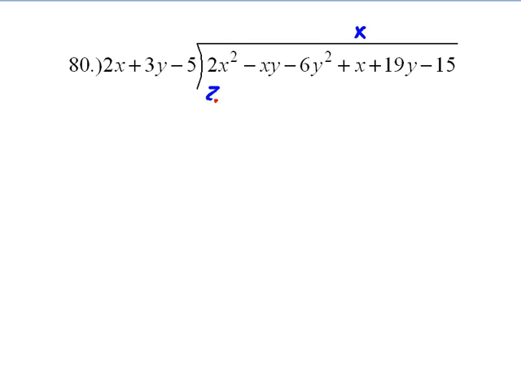So I have 2x squared, 3xy, and x times negative 5 is negative 5x. Now notice I did not have a y squared term. I want to line this up. Negative 5x. So I just leave this blank.